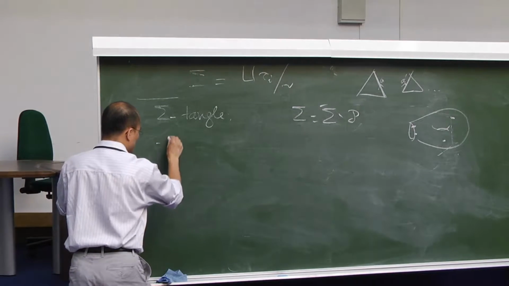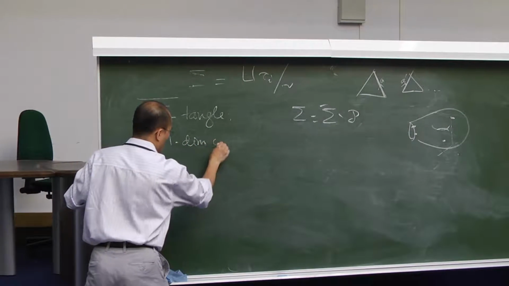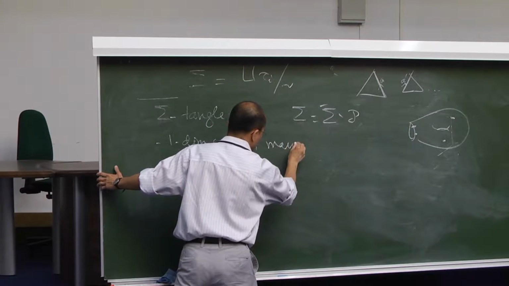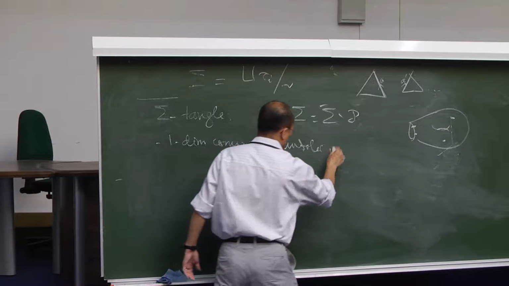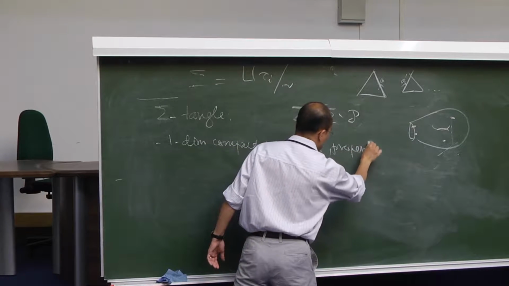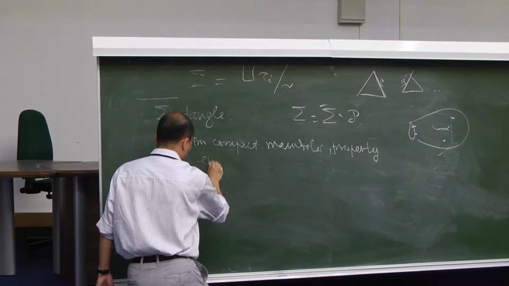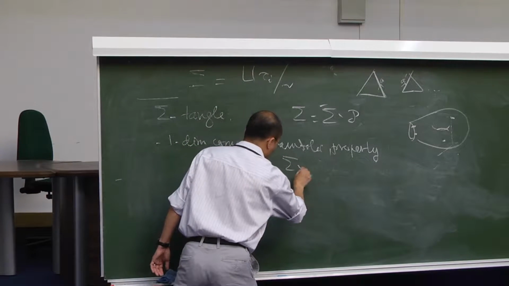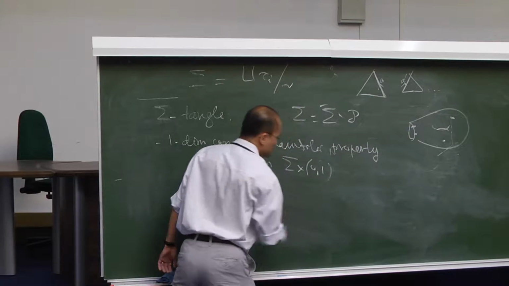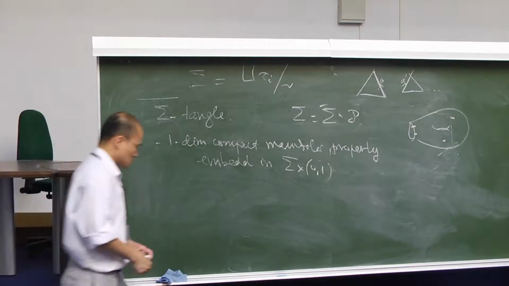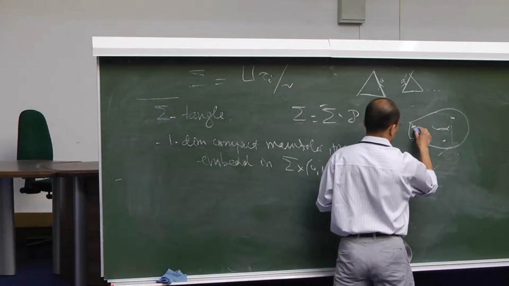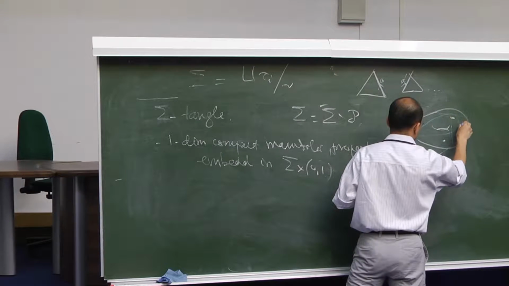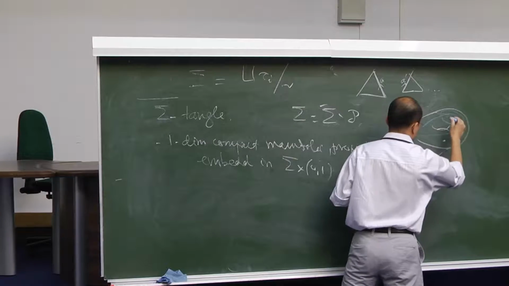Okay, so first of all, this is a one-dimensional compact manifold properly embedded in sigma cross [0,1]. Okay, so I have something like this here. Maybe I go around like this, and maybe I also have one component like this, for example.